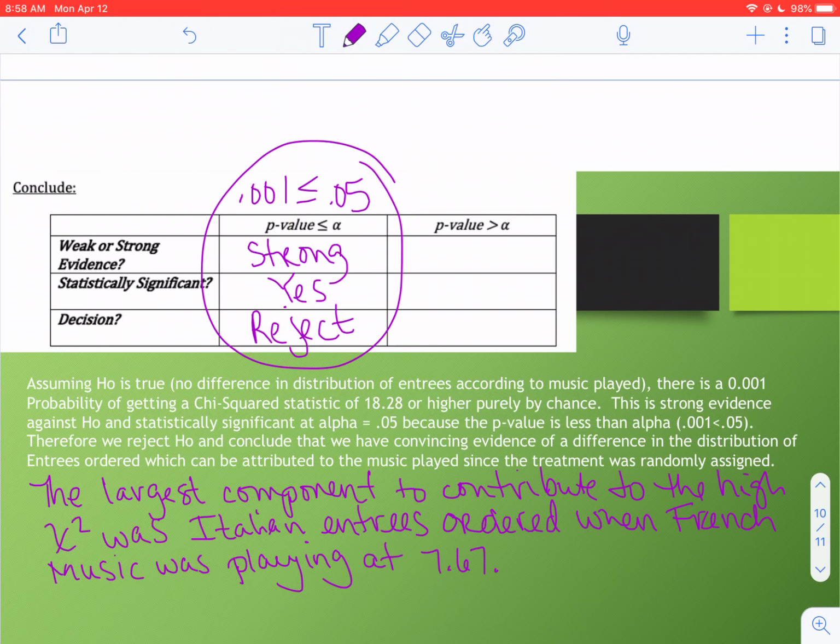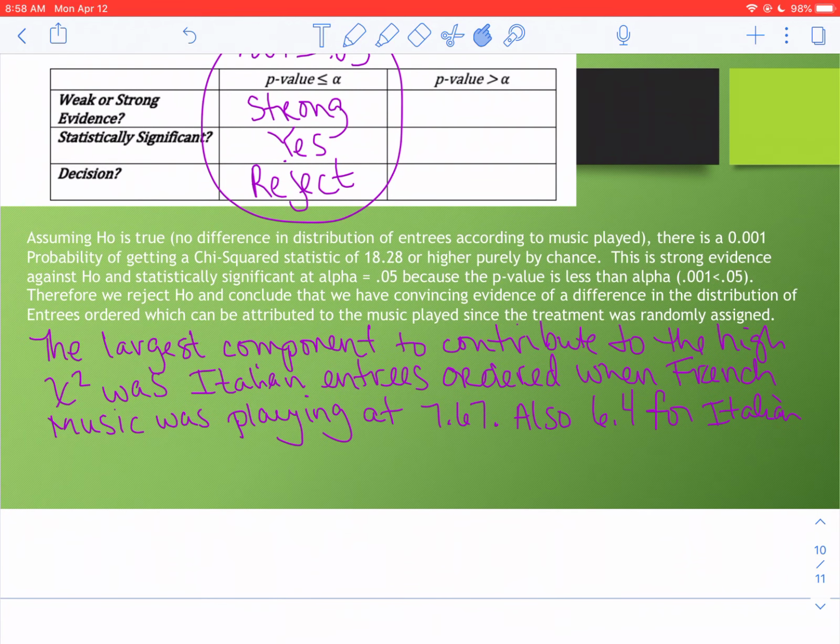So usually, if you have something that's lower than expected, you have another component that's higher than expected. So we can also say also 6.4 for Italian music with Italian entrees.